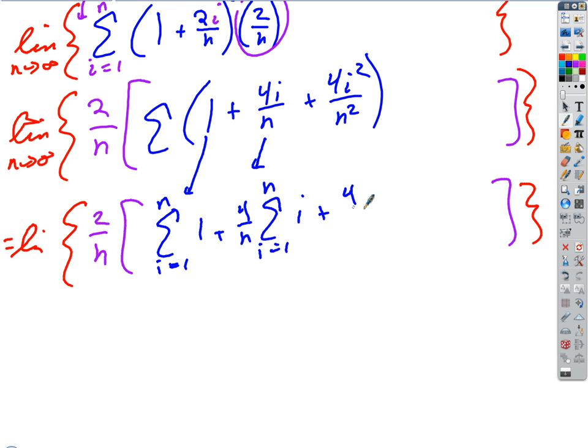Plus 4 over n squared times the sum of i squared. Now we'll plug in the results of those. We know those summation formulas, right? Yes, we do. Okay.